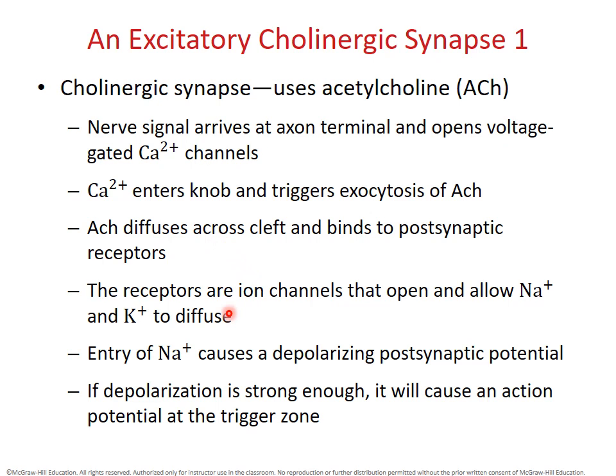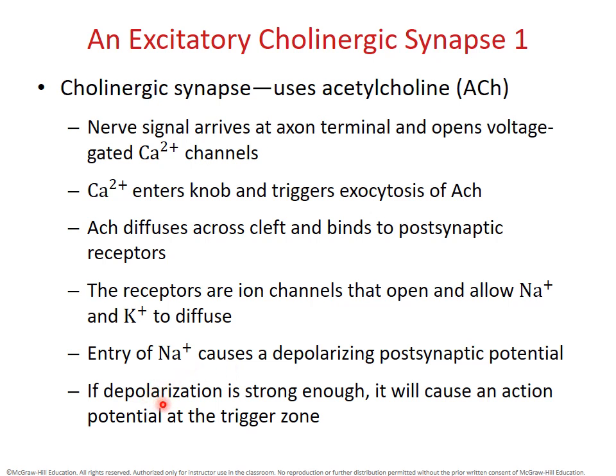So this creates a graded potential in the postsynaptic cell, which we call a depolarizing or excitatory postsynaptic potential. The sodium ions that are injected will spread through the postsynaptic cell, of course getting weaker in terms of their strength as they spread and become more dilute as they spread.